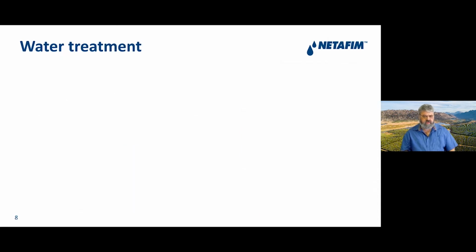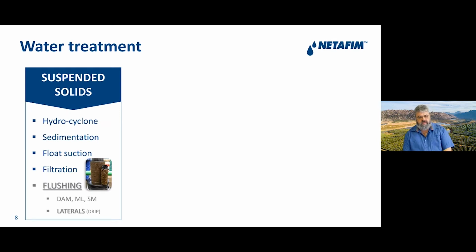Water treatment, so we start with the basics. We will concentrate on suspended solids today because that is what we actually take out with filtration. But there are different ways to remove suspended solids. The first one can be a hydrocyclone, or some people know it as a sand separator.